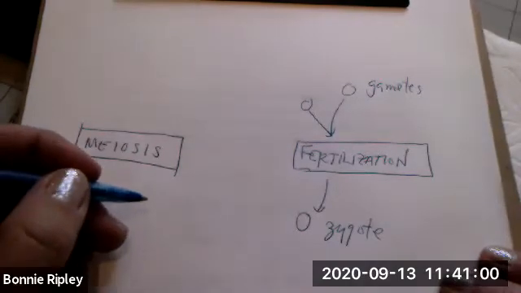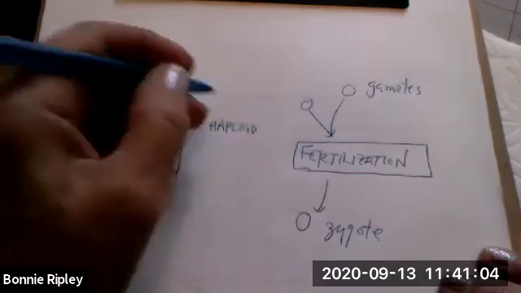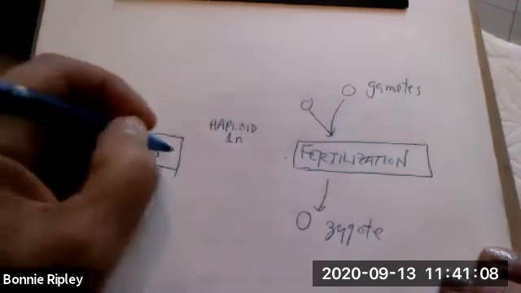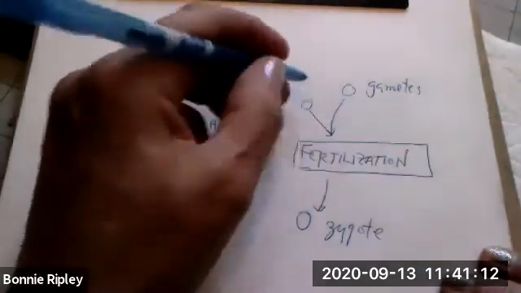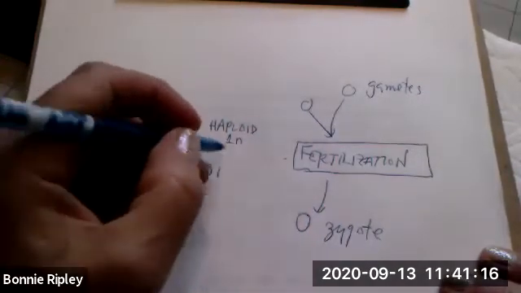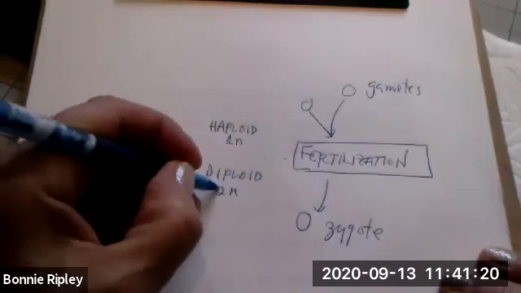So the gametes are haploid, and so the top half of our life cycle is 1N, one copy of each of the whole set of chromosomes. We have these haploid gametes, they go through fertilization, they produce a diploid zygote. So the bottom half of our diagram is going to be 2N.